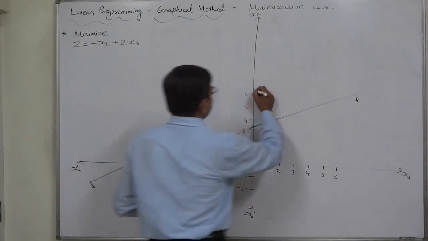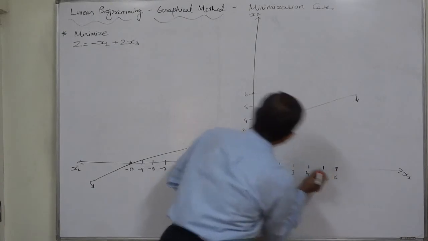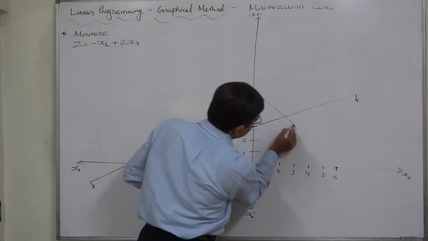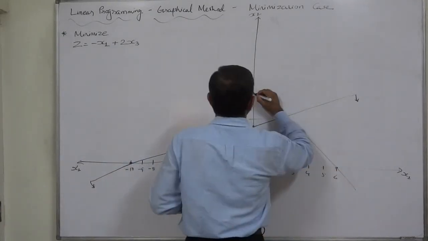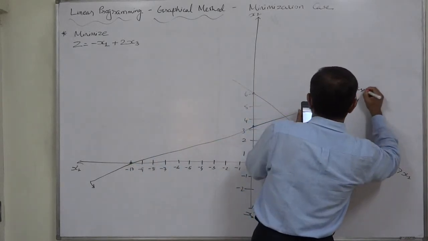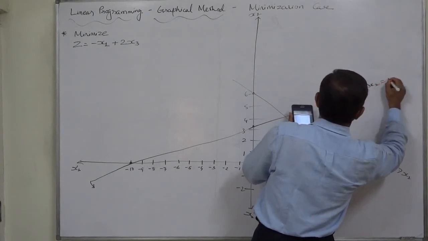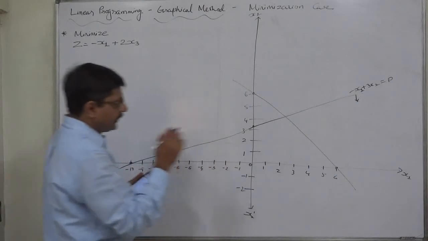So both the axes have a point at 6. I'm sorry, first I should write the equation: minus x1 plus 3x2 equals 10. The line is of this equation only.